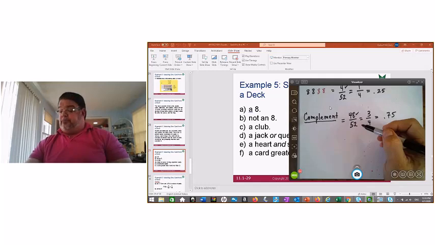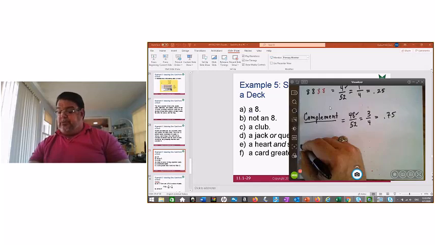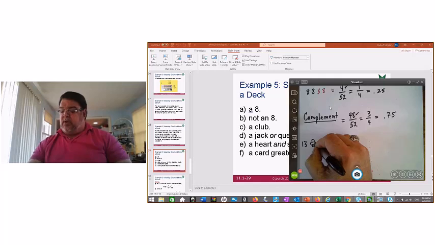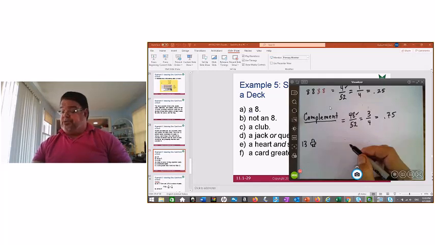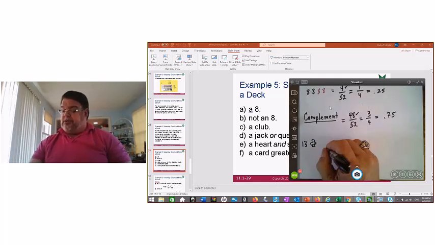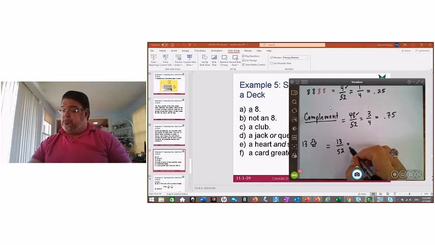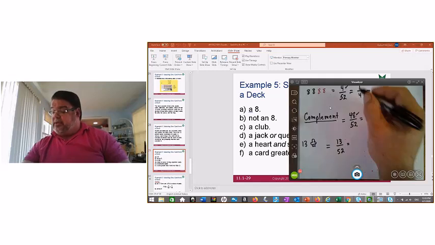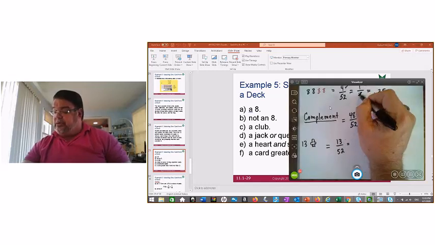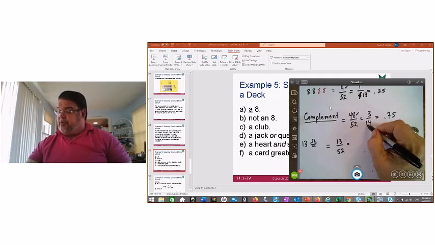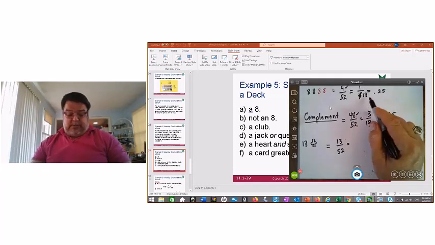A club. Well, we know that there are 13 clubs in a deck of cards. So that would be 13 over 52, which would be, oops, I messed up. I think this would be 1 over 13.